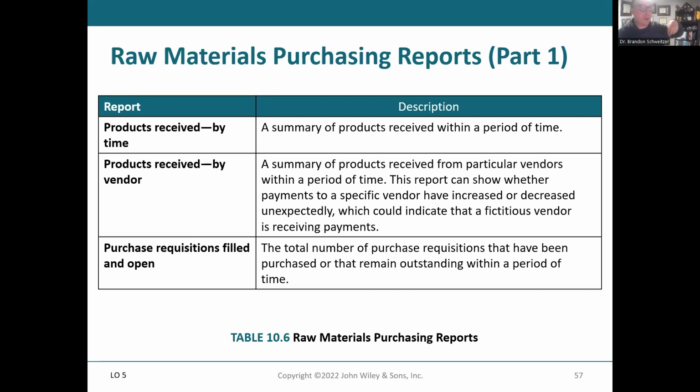When we receive our raw materials, we record those during the accounting period in which they were received. It's important to identify the vendor, what was received, who received it, what was the condition, the quantity, obviously. All of those need to be tracked, and of course, the total amount.